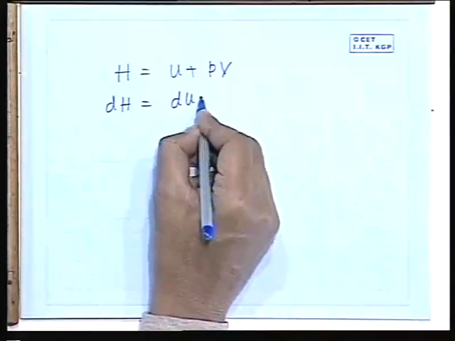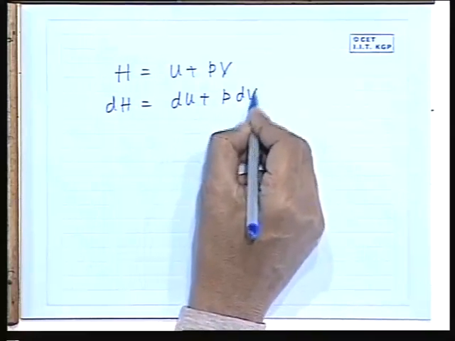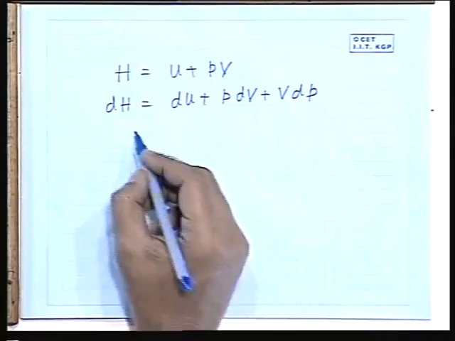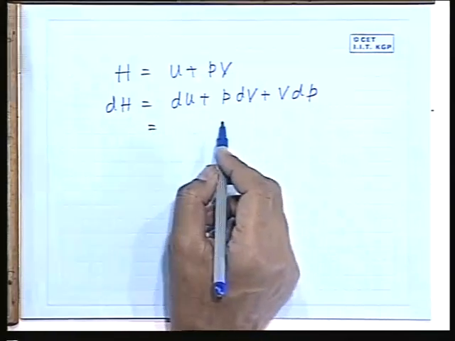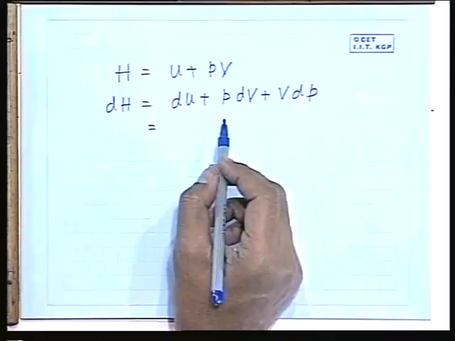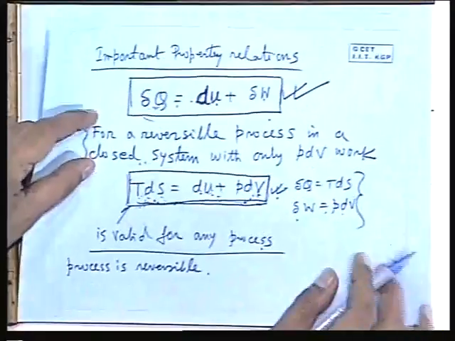Now another important relation, H is U plus PV, we know. So we can write dH is du plus PdV plus VdP. Okay. So dH is now du plus PdV for any process, as I have told that du plus PdV for any process equals TdS.